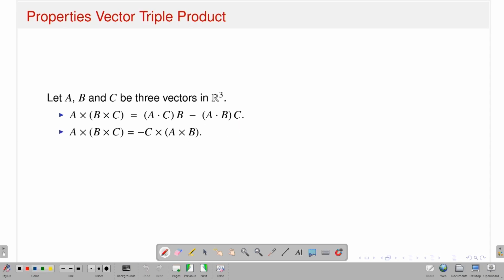In A cross B cross C, the B cross C is first within the bracket, the first operation, and this is equal to the cross product of minus C with the vector A cross B. Because of this, using the first property, I can get the third one.